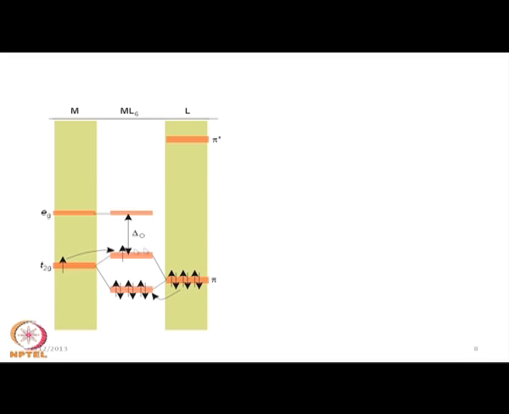Though this is an antibonding level in terms of the molecular orbital picture in LFT, this can be the ground state because we have the Eg level above.